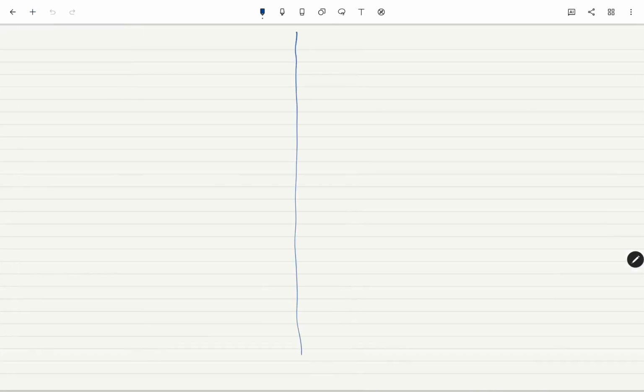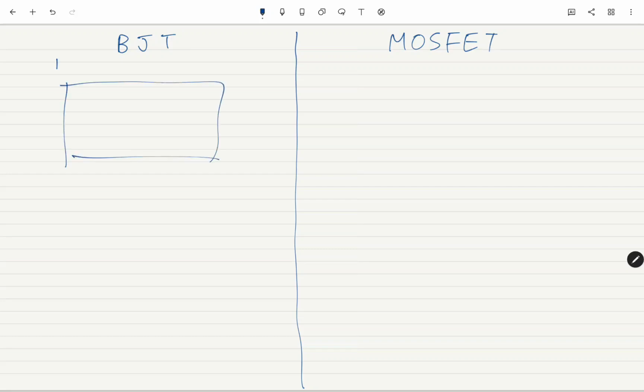So let me compare the BJT and the MOSFET. For the NPN BJT, we have a depletion region under reverse bias, or when the bias is equal to 0. Here's the base and collector, and here's the depletion region, right?